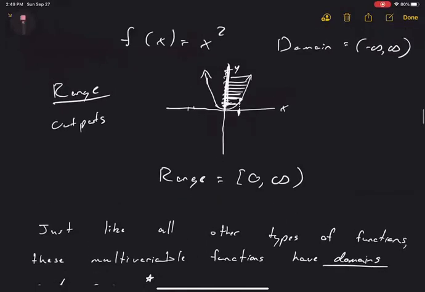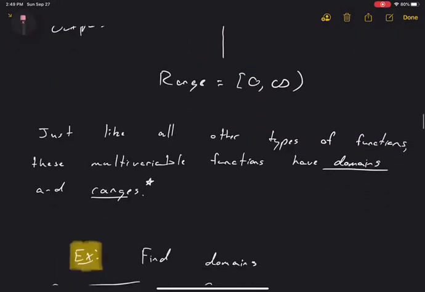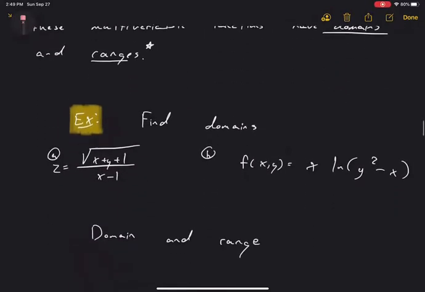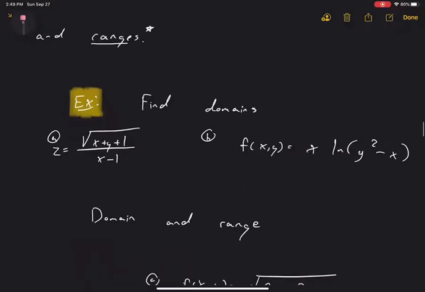Now, just like with those single variable functions, we can talk about domain and range of multivariable functions. The concepts are very similar. It's just where our functions make sense, where they don't break down. So we're looking out for the same problems.